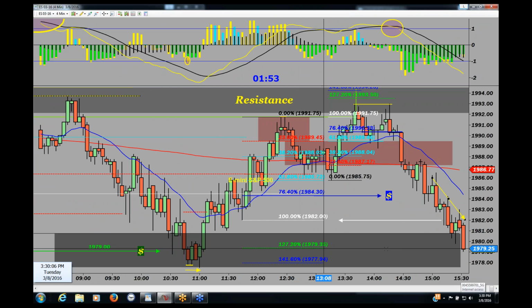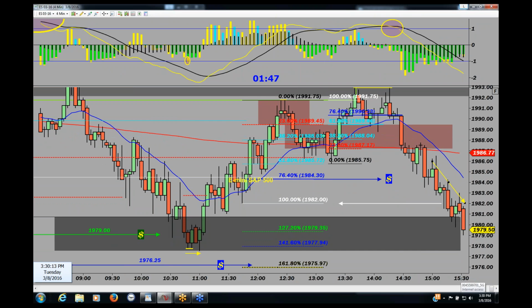Now let's look at a little larger target to the downside. I'll drop the whole chart to the upside to see that. We're looking for 1976 and 1/4. Confluence, 1975.97 rounds up to 76. We'll round it to 76 and 76 and a quarter. That's pretty close confluence. Let's see if we can get there.